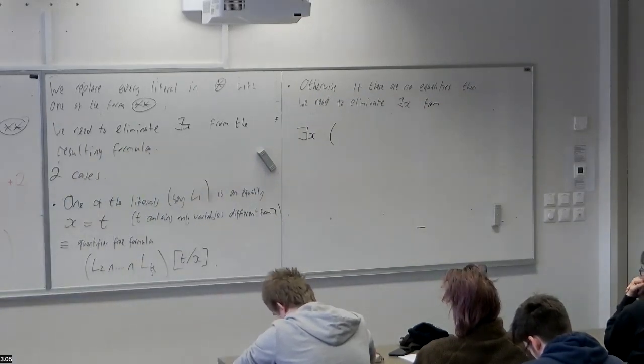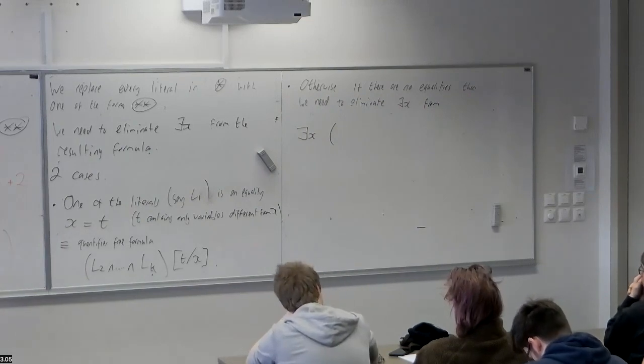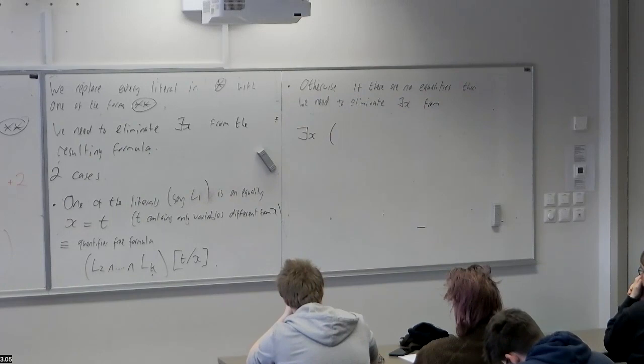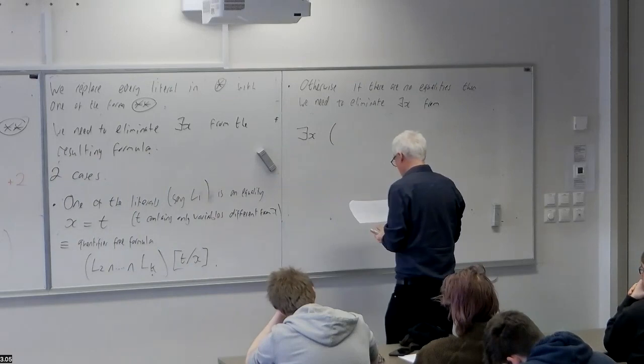We don't have equalities, so every literal is one of these two inequalities, either x is less than t for some term t not containing x, or t is less than x for some term t not containing x. So you can simply write that as a conjunction.